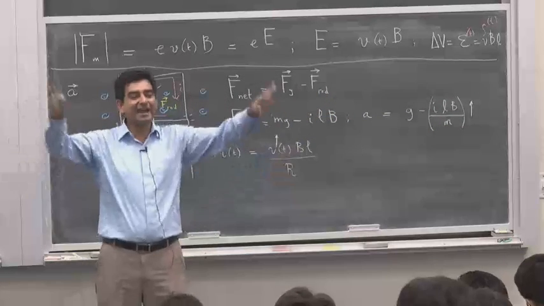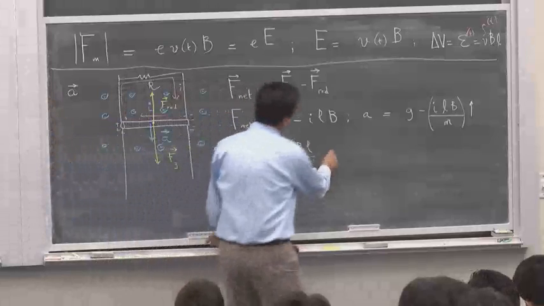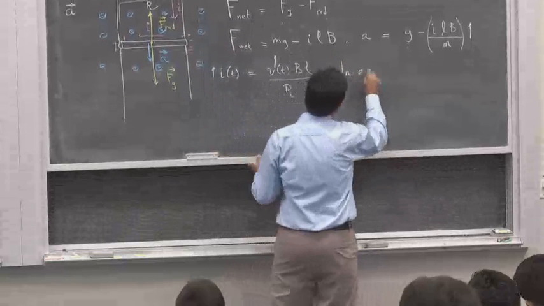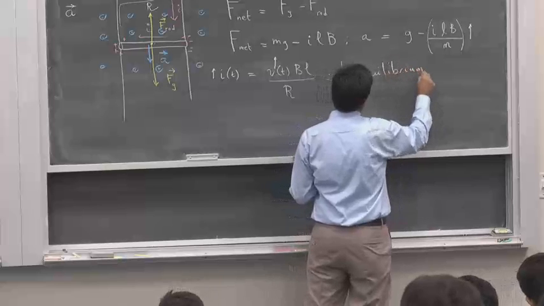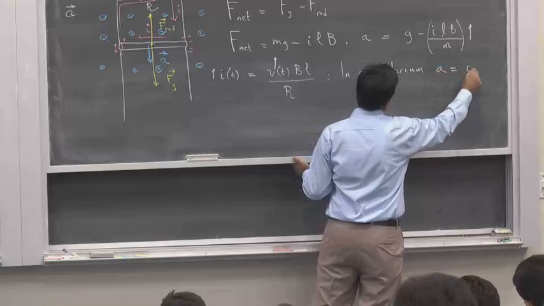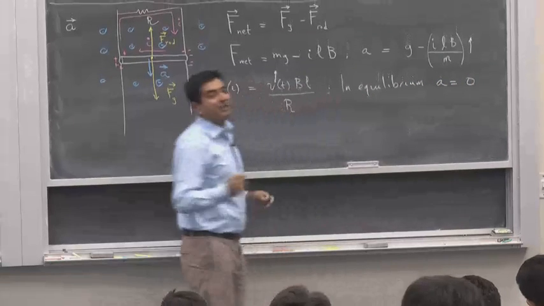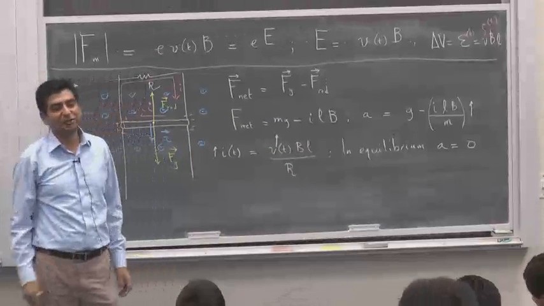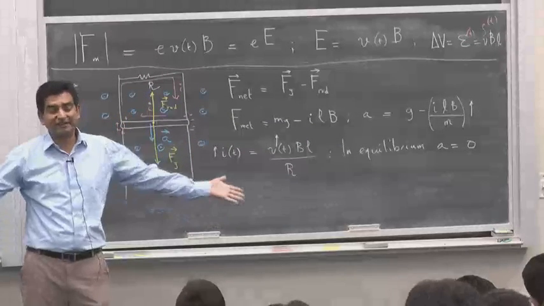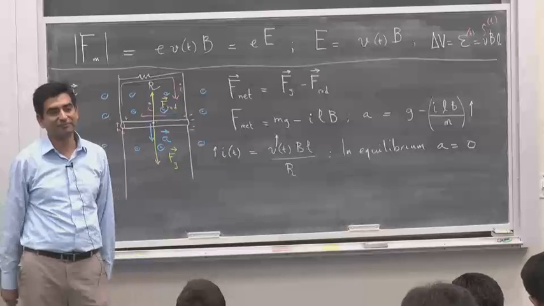And when that happens, the net acceleration in equilibrium equals 0. So a particular speed is acquired, the terminal velocity, at which the net acceleration goes to 0.